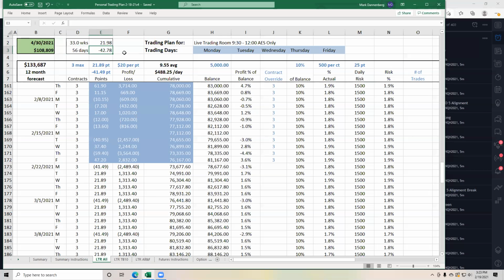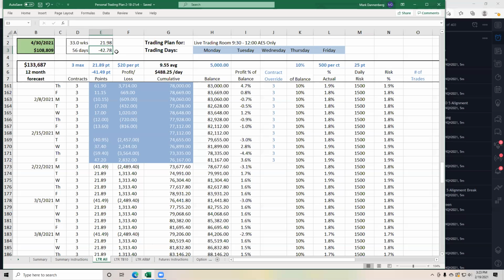So this number, the minus 42.78, is taking into account all of the losing days that we've had and also factoring in the frequency rate of losing days to the number of weeks that we have in our history. So our average winning day is 21.98 points per day, and our average losing day is 42.78 points.